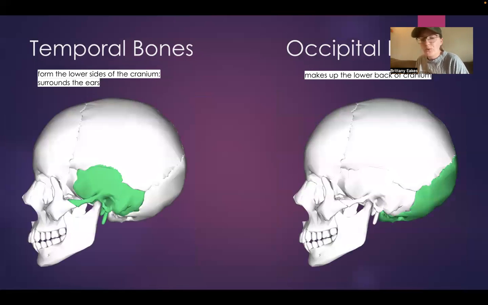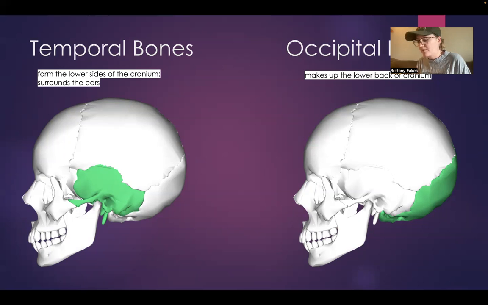The paired temporal bones form the lower sides of the cranium and surround the ears. So it forms the inferior or lower lateral to the side of the cranium and part of the cranial floor. And projecting from the inferior portion or the lower portion of the temporal bone is the zygomatic process, which forms a joint with the temporal process of the zygomatic bone or the cheekbone.